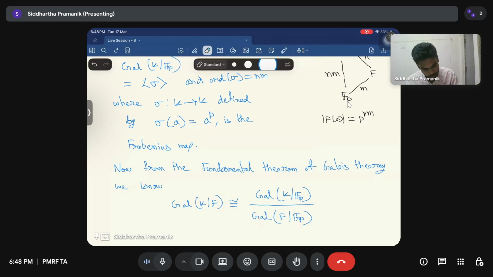So this should be L over F, this should be F over Fp, and this should be K over F.